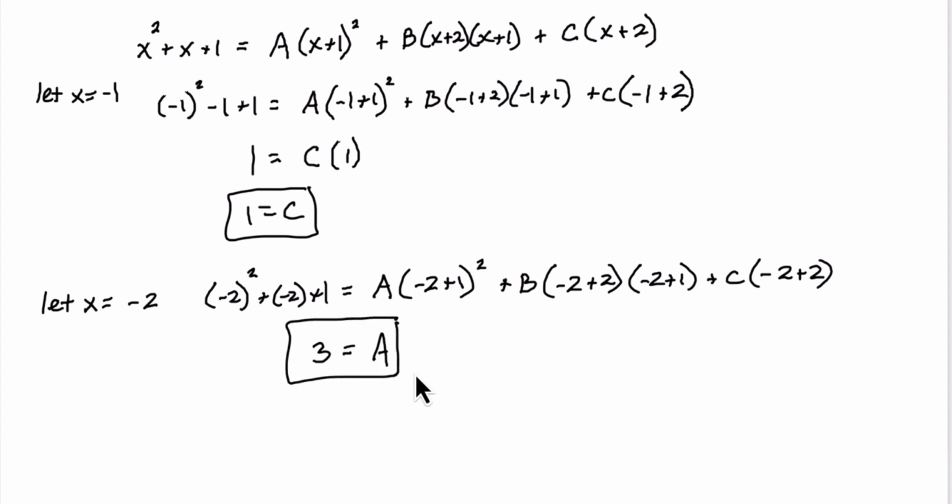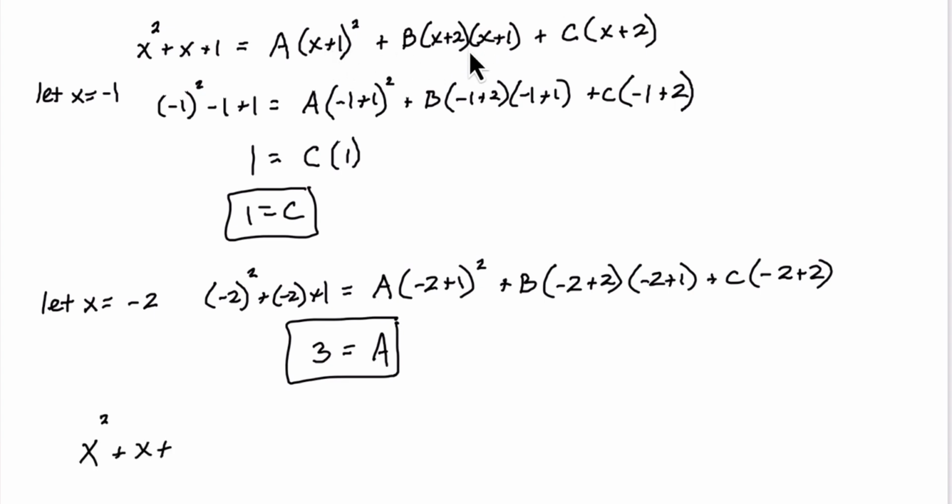Almost there. We just need to find B now. And there's not another clever value that we can use to find B. So we need an alternate technique. So what we're going to do is clean up this line, and FOIL the x plus 1, and then these two as well.